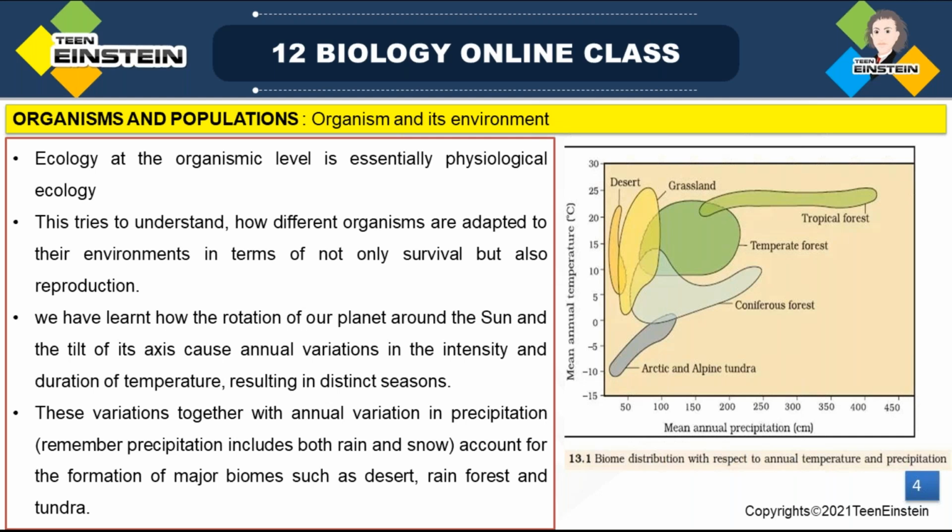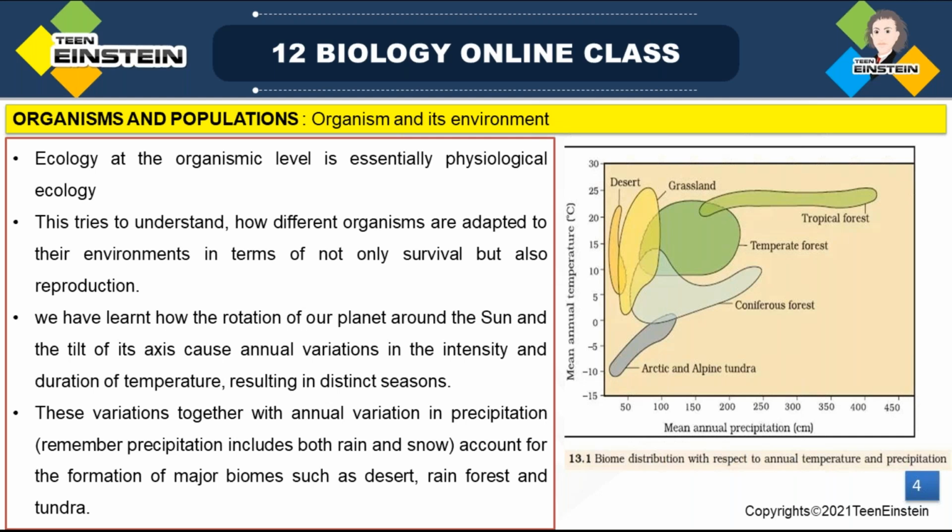So for the formation of all major biomes like desert, rainforest, tundra, the annual variation in intensity and duration of temperature, along with another character, annual precipitation, together we are considering to classify different biomes.